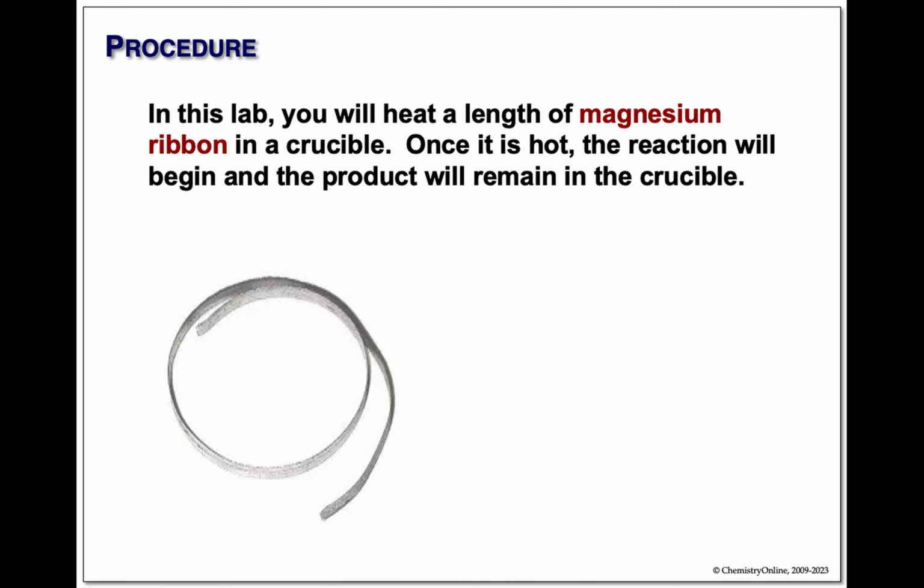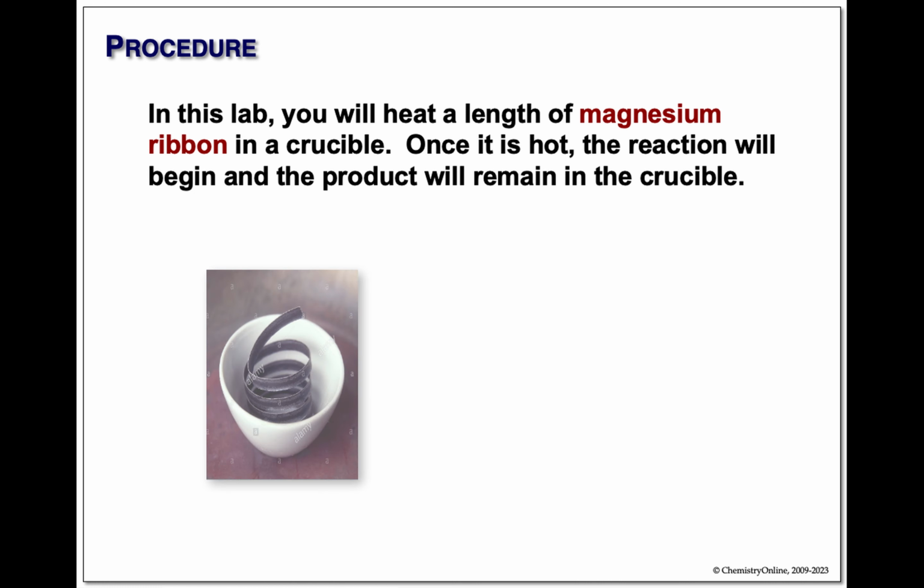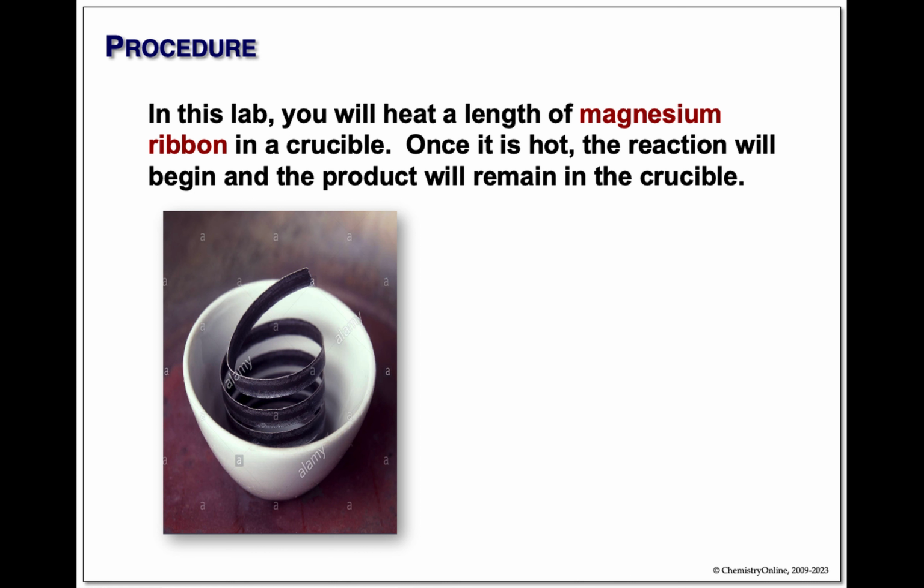What you're going to do is take a little length of magnesium ribbon, wrap it around a pencil or your finger or something so that you can fit it into a crucible. You want lots of airspace around there, but at least on the bottom it has to be touching the crucible itself.